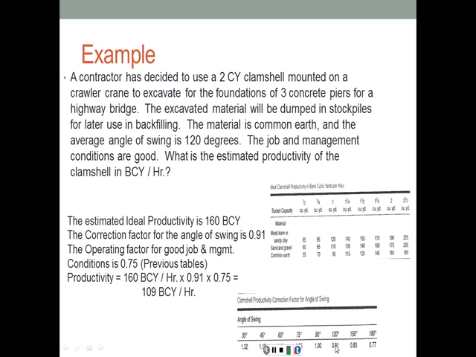Therefore, it's going to reduce our production. Now the factor due to good job and management conditions is 0.75 from the table that we have seen before. Therefore, the actual production is going to be ideal times the correction factor 1 times the efficiency or correction factor 2, and that gives 109 bank cubic yards per hour.